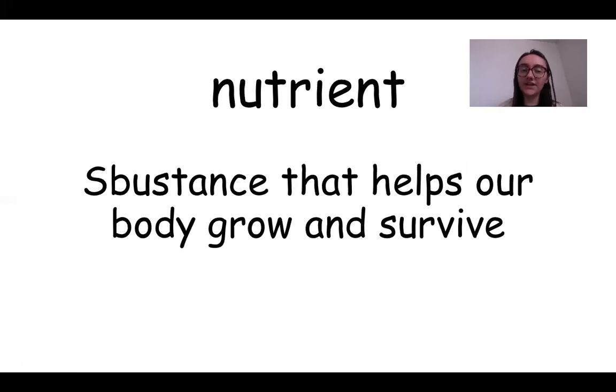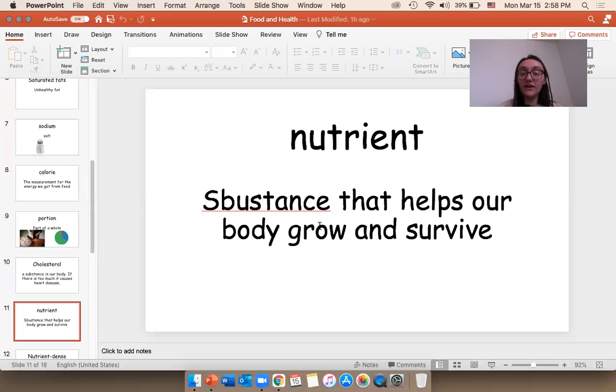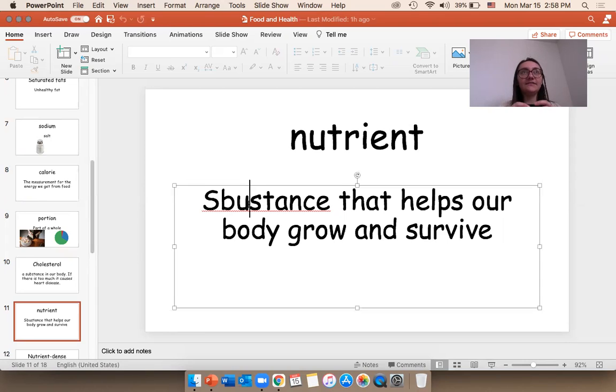Next word is nutrient. So, I spelled substance wrong. So nutrient is a substance, right? Kind of like cholesterol. It's something that you eat and can have in your body, but it's also something that's in things like food. For example, I had this ginger.